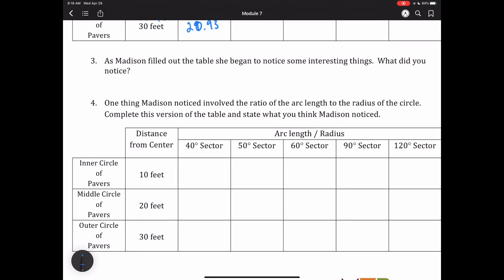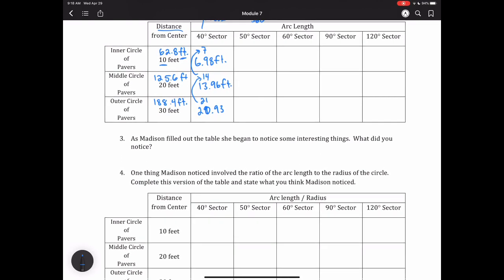Now, one thing Madison noticed involved the ratio of the arc length and the radius of the circle. So now we need to complete this version of the table and state what we think that Madison noticed. So here we're going to take our arc length and divide it by the radius. Okay, so up here we've got our arc length of 7, and we're going to divide that by the radius of 10, okay? So it'll be 7 divided by 10, which is equal to 0.7.